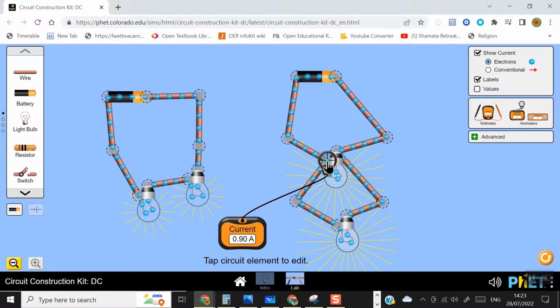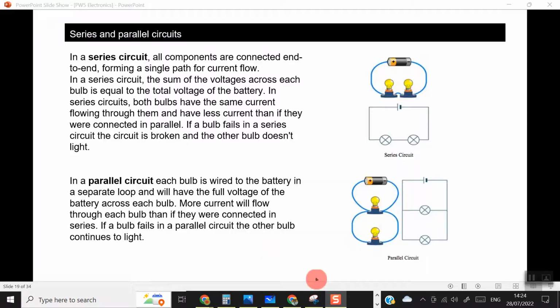It's getting 0.9 amps, and this is getting 0.9, and the same down here as well. The reason it's getting more current flowing through it is because each bulb is getting more of the voltage from the battery because it's set up in parallel in this arrangement. So that is a series circuit versus a parallel circuit. It's important that you know the two types of circuits and you know the difference between both of them as well.